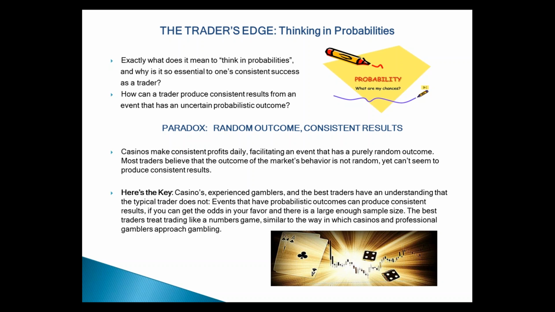Probability has been defined simply as the likelihood of one outcome occurring before another. All right, again, what does all that jibber-jabber really mean? What does thinking in probabilities really mean, and why is it essential to one's trading success? All right, and here's a paradox.